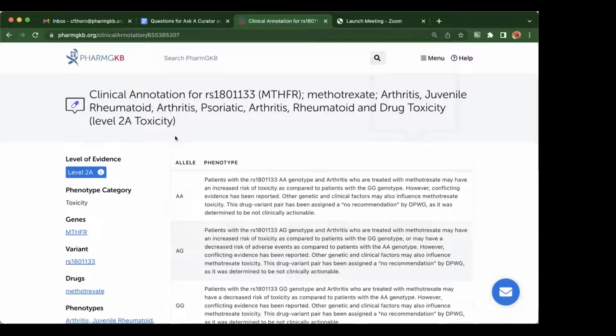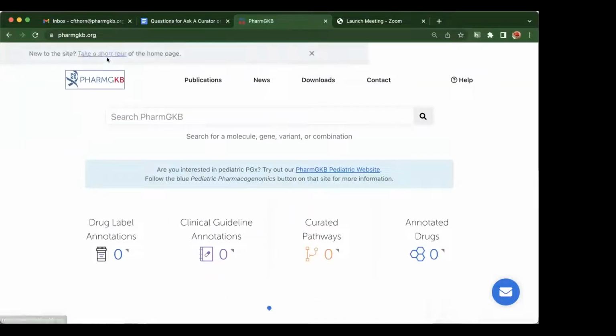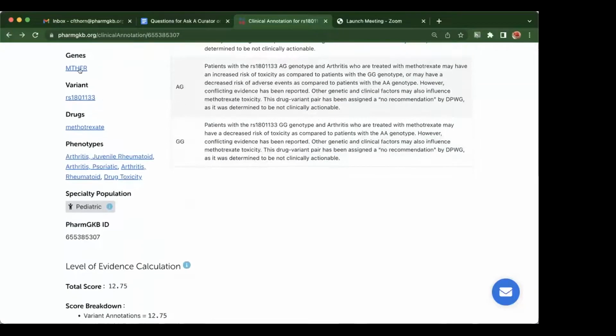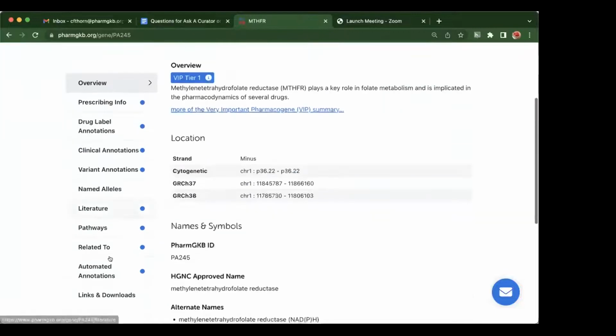We also have a couple of different methods going to use NLP, natural language processing, to identify pharmacogenomics articles in the literature that we can curate. Some of these at the moment are, oops, actually I probably could have found it on, if we go back to MTHFR, down here where it says automated annotations.